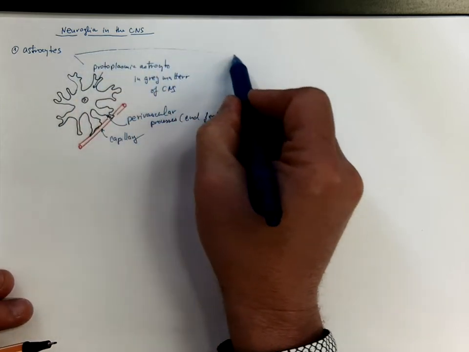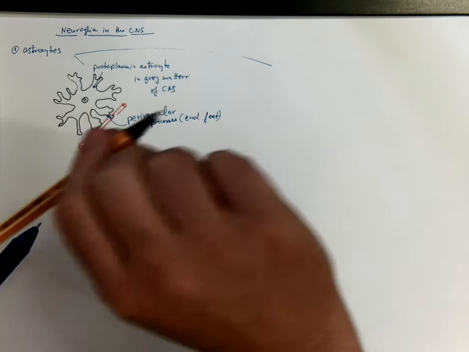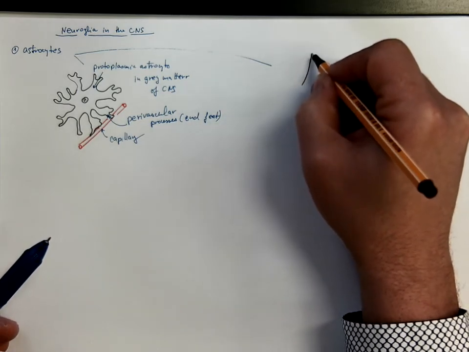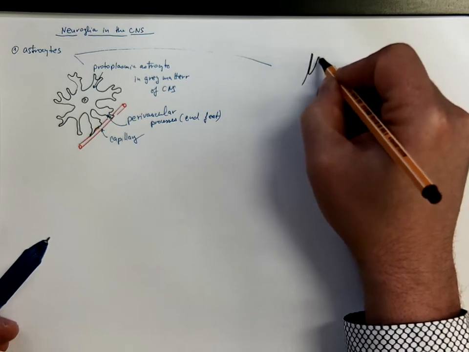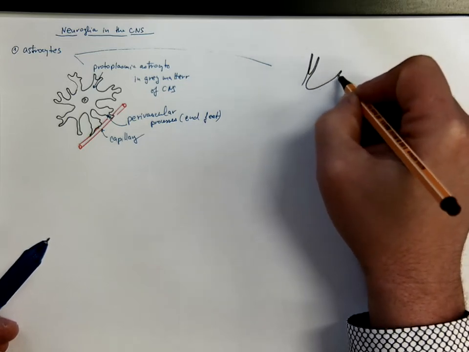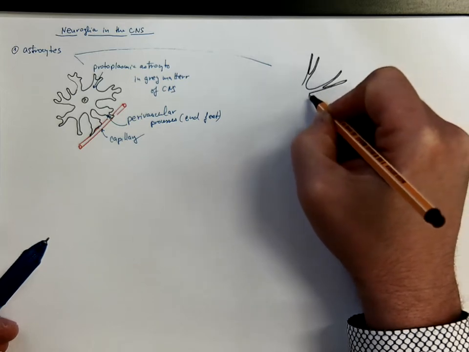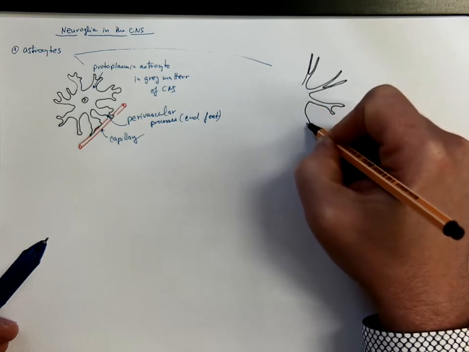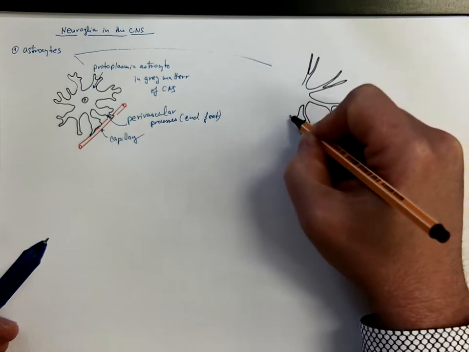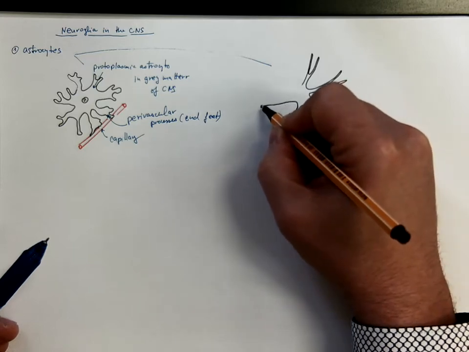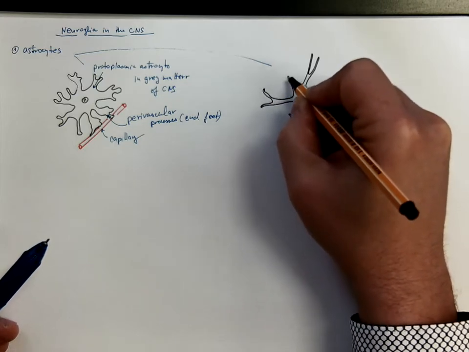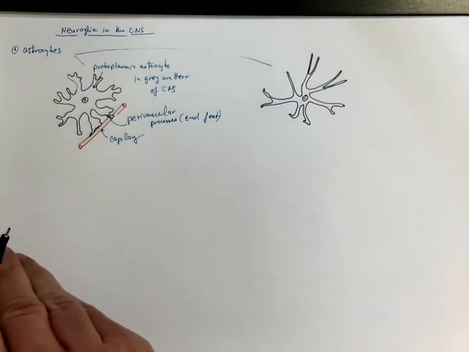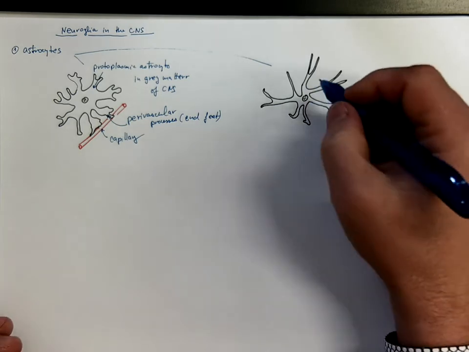Another phenotype looks a little bit different and occurs in the white matter. There's a small cell body, long and slender processes, and they are called fibrous astrocytes.